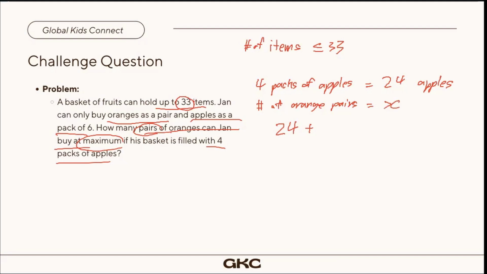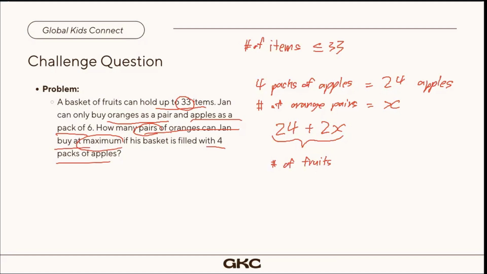You can set it as any variable you want. Then the number of oranges itself will be 2x because each pair of oranges is 2. And therefore, this expression is the number of items, or number of fruits, for our context.